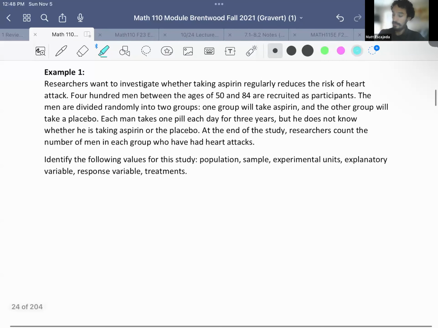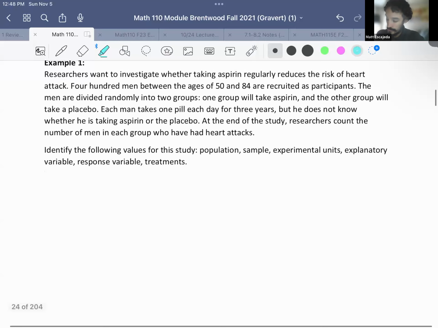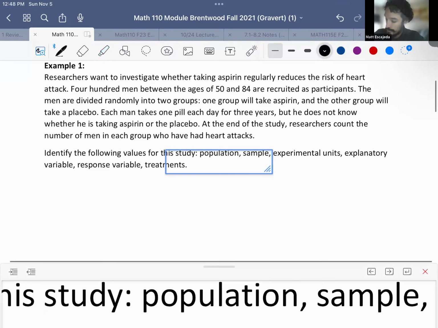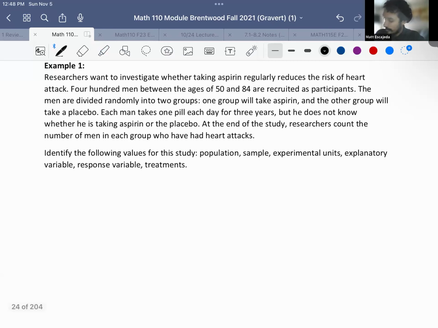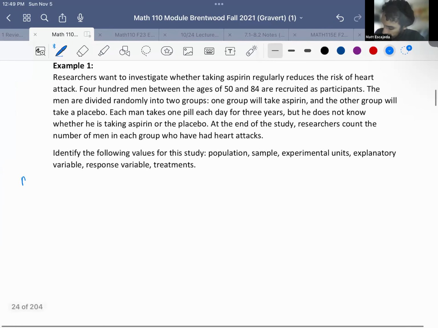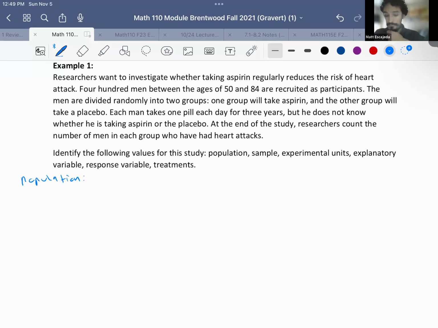Let's go one by one and divide up this paragraph. Population first. What is our population? We can see it through what the sample says: 400 men between the ages of 50 and 84.